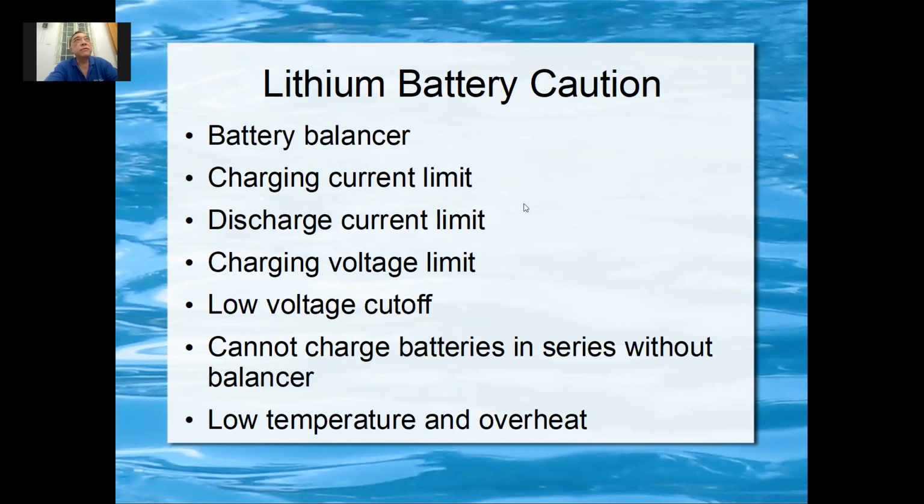Okay, so if you use a lithium battery, for those who want to wire up your own battery, then you need to buy a battery balancer to balance the battery. And then you also normally need some electronics which will control the charging current limit and discharge current. Because if you discharge at current too high, the battery will heat up a lot, and then it can burn.